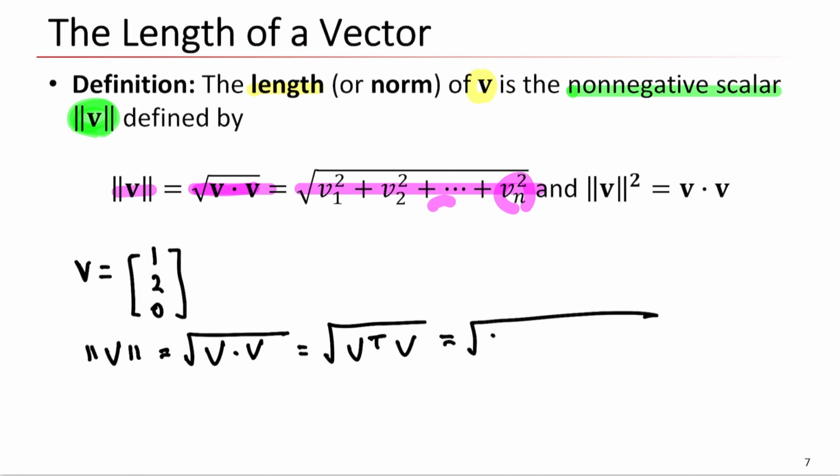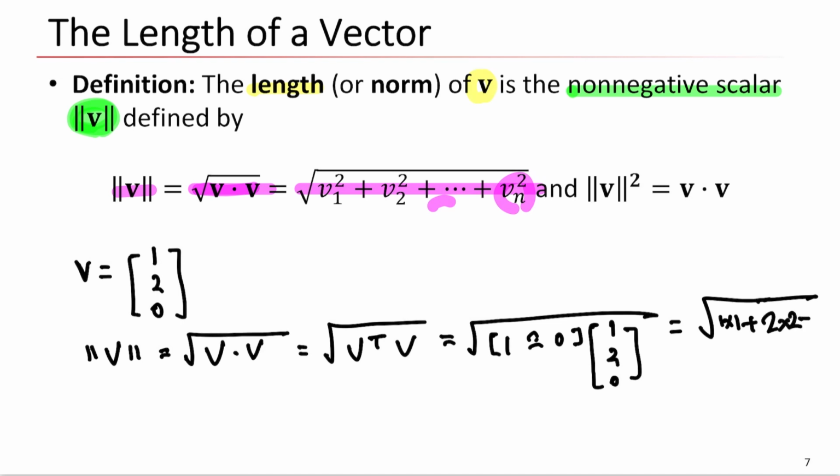The v transpose is (1, 2, 0), and the original v was (1, 2, 0), which means this is 1 times 1 plus 2 times 2 plus 0. Finally, 1 plus 4 is equal to 5. So the length of the vector v is the square root of 5. Okay, so this is the definition.